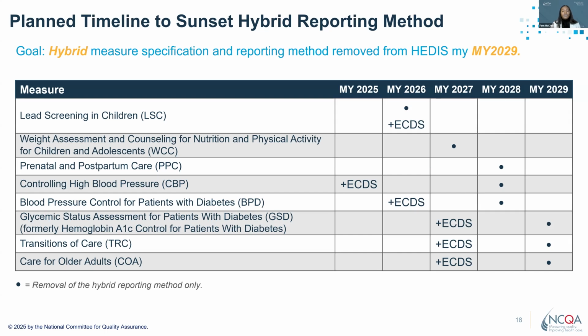And what that means, and this is really the last 5 measures at the bottom, is we're going to introduce the ECDS version first, and then we're going to remove the hybrid version after a transition period. So first we're going to test and validate that new ECDS version of the measure, and introduce it into HEDIS.